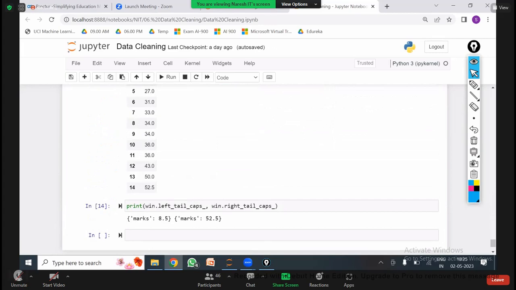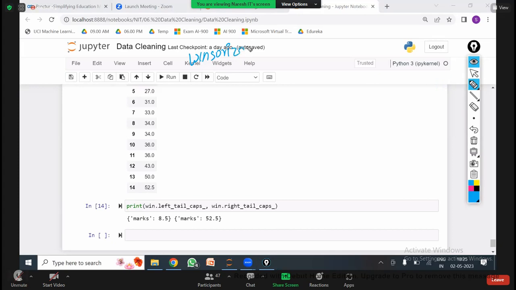Winsorizer means it is going to replace the values statistically. Which values? Outliers. What is meant by Winsorization? This is an interview question.